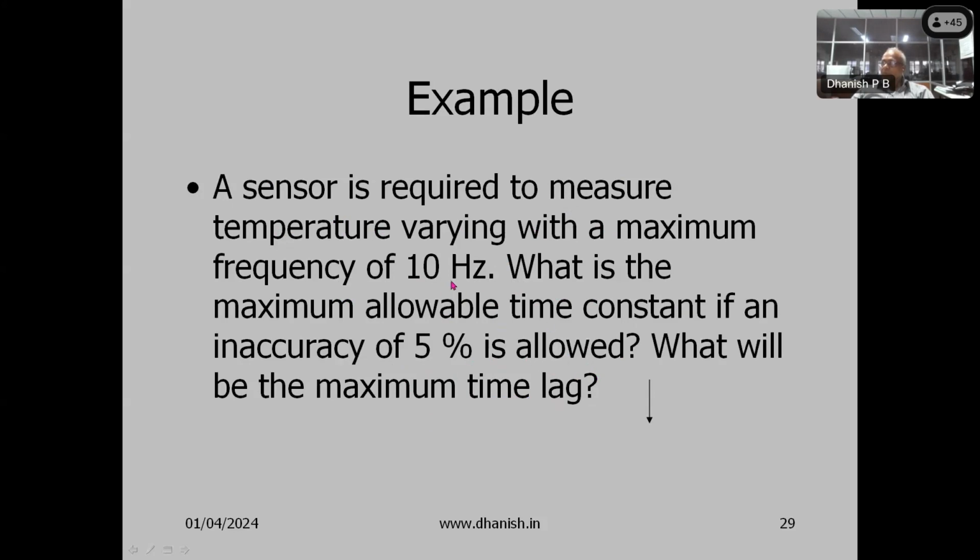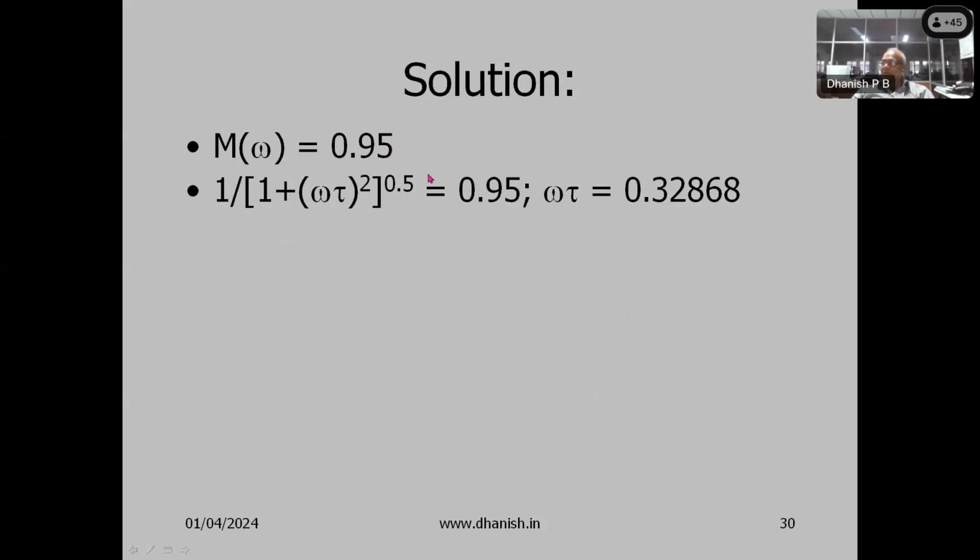So it is a similar problem, but here the maximum inaccuracy is given. This is the way we select an instrument. So the maximum inaccuracy is 5%, so M omega should not be lower than 0.95.